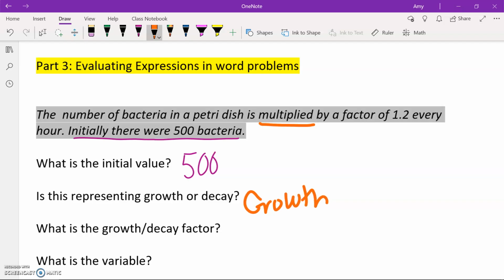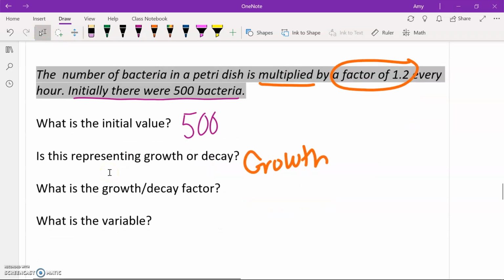So I know that my factor should be more than 1 because it is growth. So what is the growth or decay factor? Well, they tell me that it is multiplied by a factor of 1.2 every hour. So our growth or decay factor is going to be 1.2.